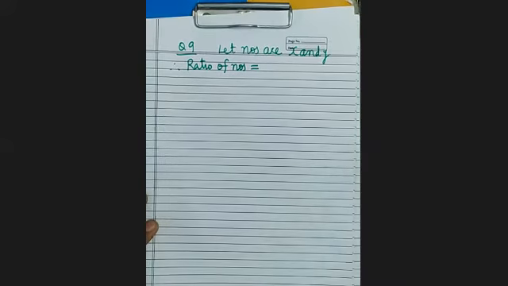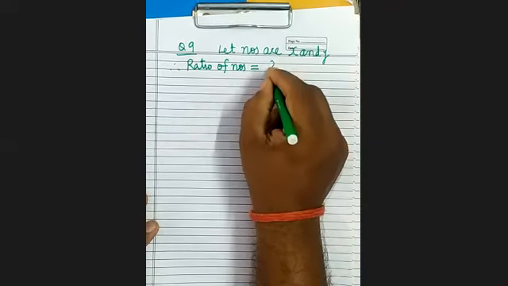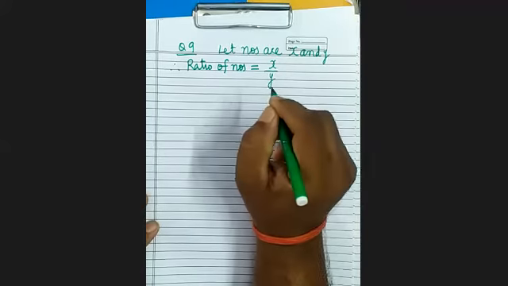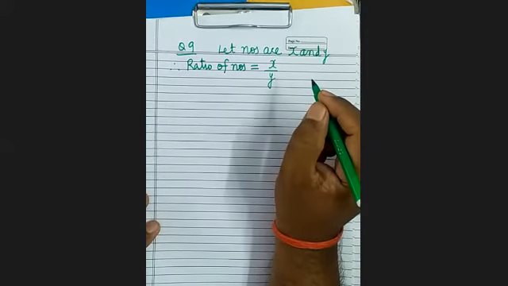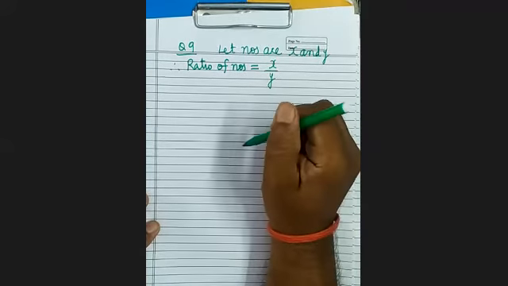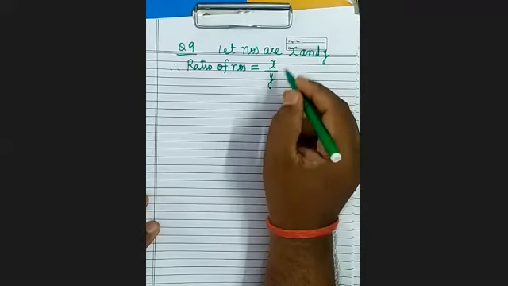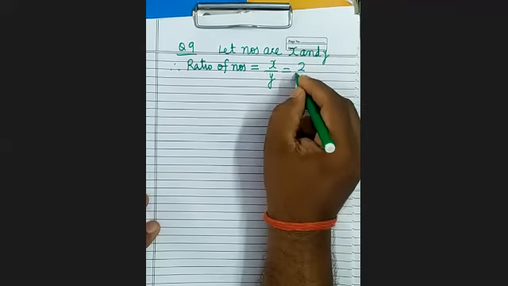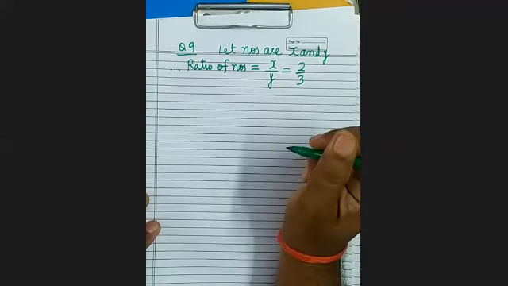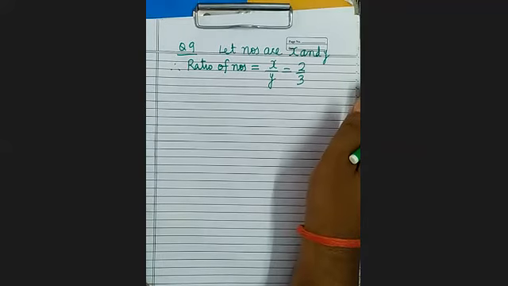The ratio will be x upon y according to your assumption, but in the question it is given as 2 upon 3.